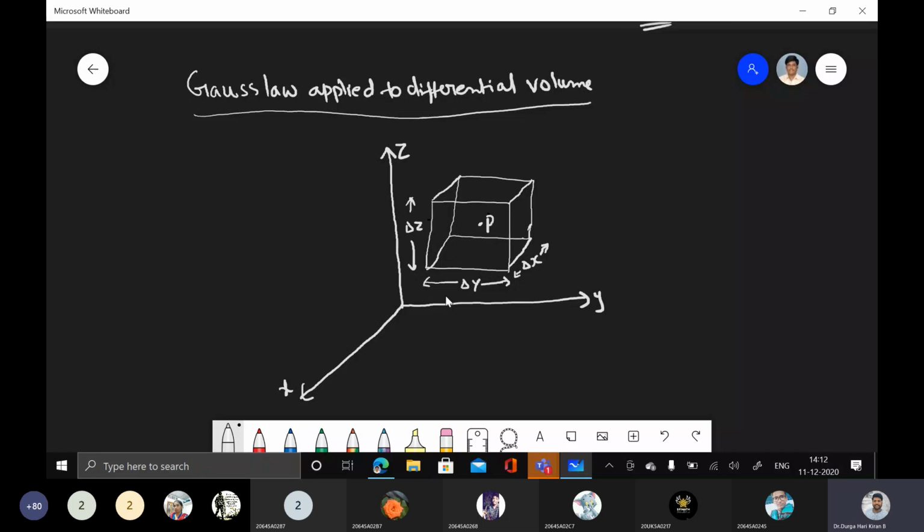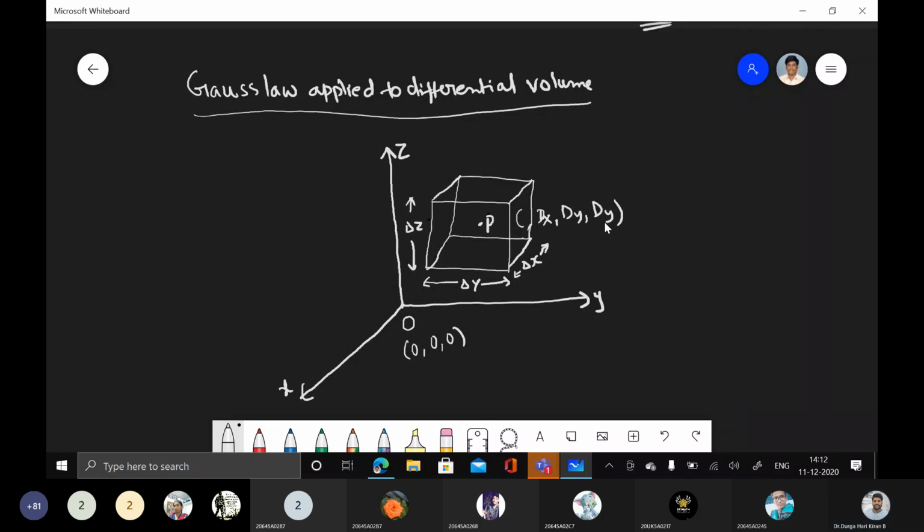Now from the origin, considering the origin is at 0, 0, 0, this particular point P is at dx, dy, dz.